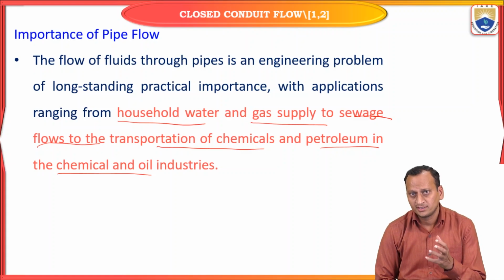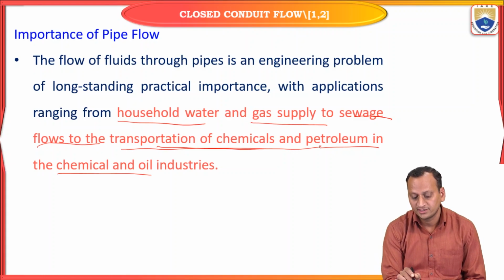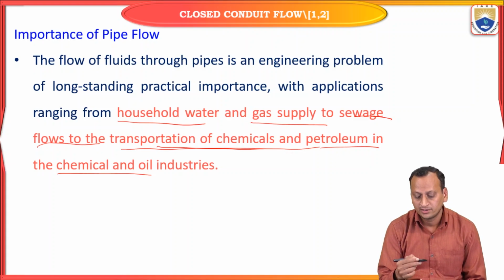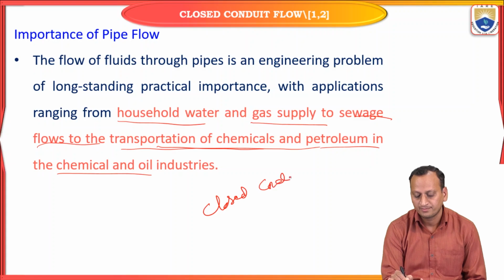Some chemicals should not be exposed to the atmosphere. Therefore open channel flow is not recommended in the case of chemicals and petroleum; it must be closed. It should not be open to the atmosphere. Therefore only closed conduit flow is applied, and we are going to discuss closed conduit flow.